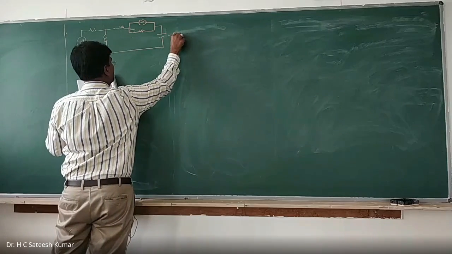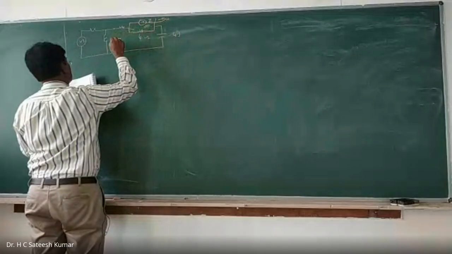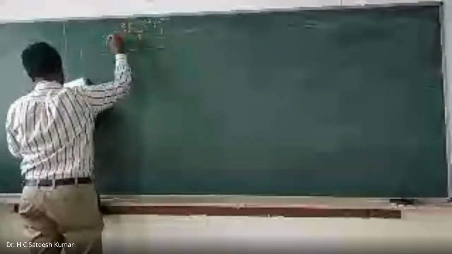Minus 4J, 4, of minus 2 at an angle of minus 90, across AB.